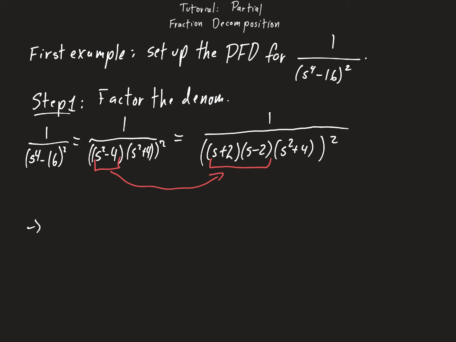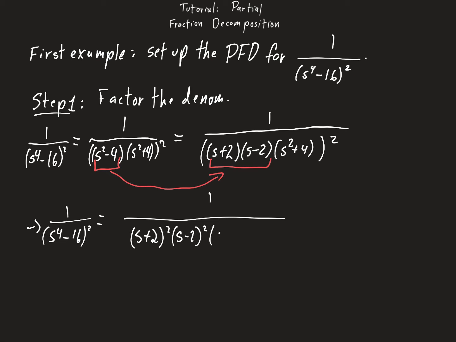So now we're going to distribute out this squared in the denominator to finally get that 1 over s to the 4th minus 16 squared is equal to 1 divided by s plus 2 squared times s minus 2 squared times s squared plus 4 squared.